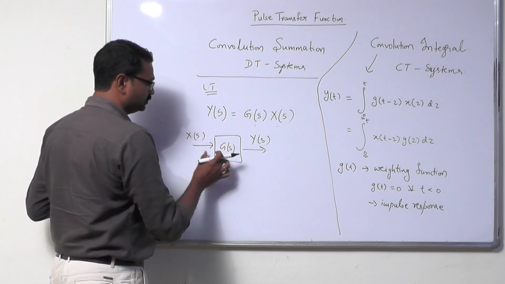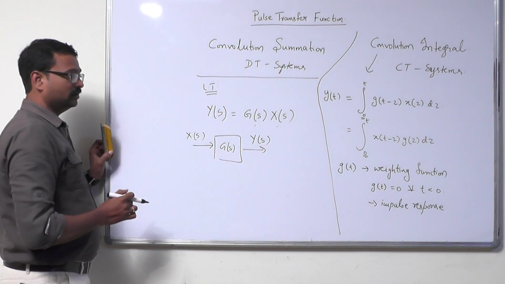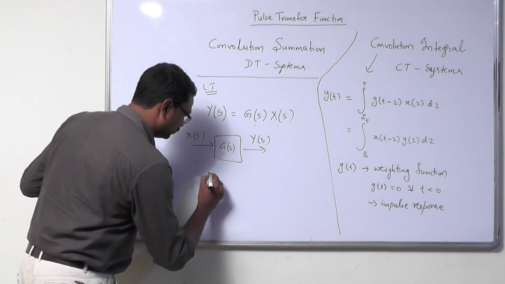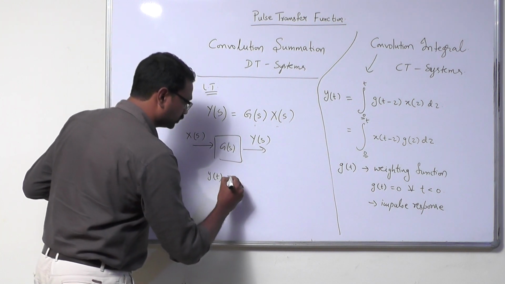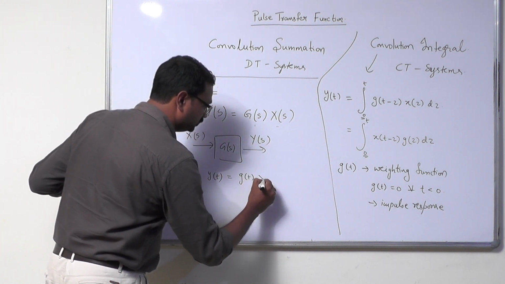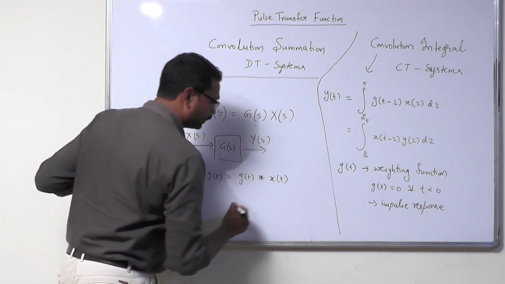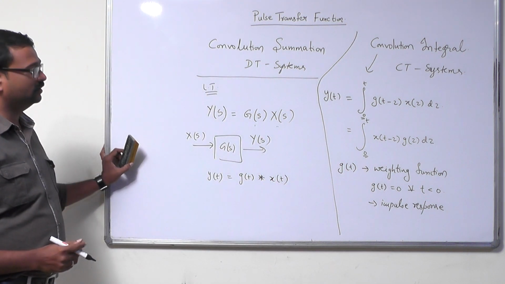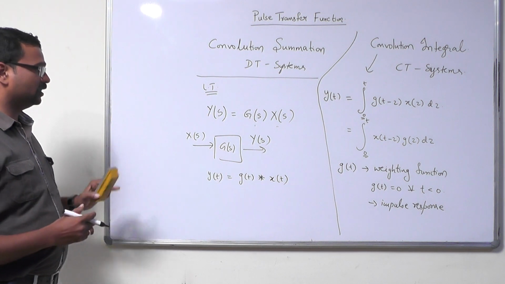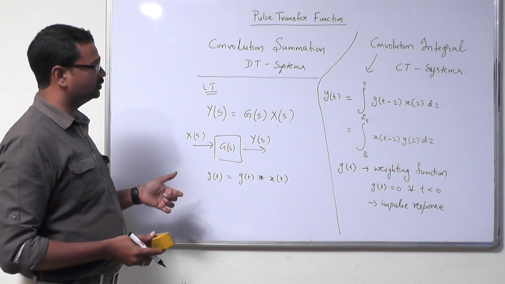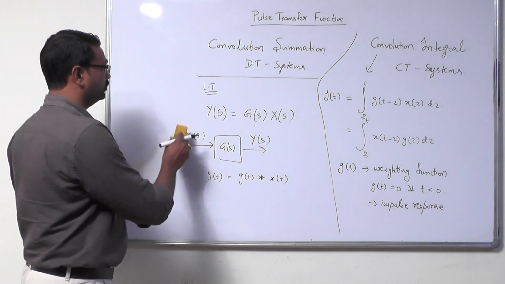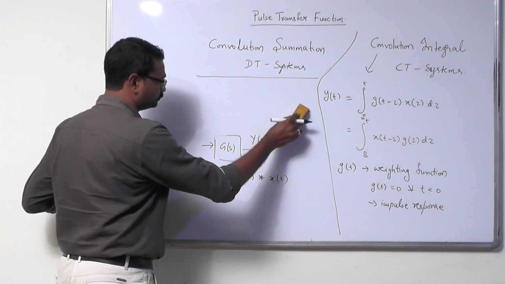Therefore, y of s is equal to g of s into x of s, or y of t you can call g of t star convoluted over x of t. So this is the convolution integral in the continuous time system. Now we would like to introduce a similar relationship in the convolution summation.